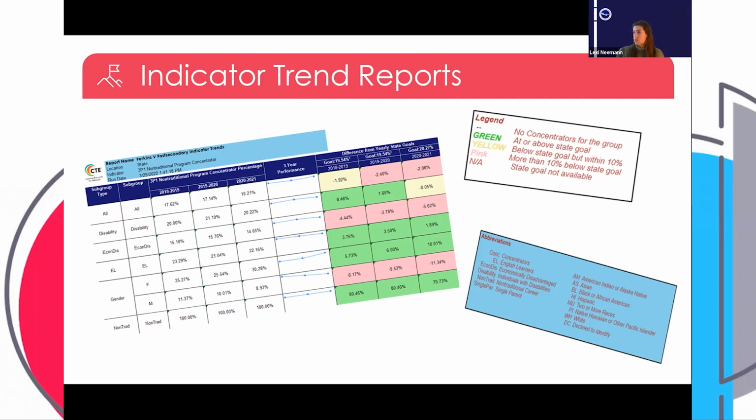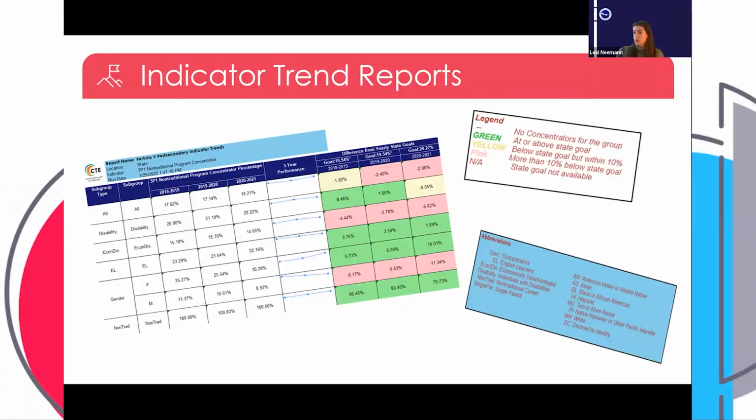Pink means it did not meet the 10% within the state goal. Yellow means it was below the state goal but still within the 10%. Those who write improvement plans for Perkins wouldn't necessarily need to write one for yellow, but it's something to note and pay attention to in the trend line next year. Green means they were at or above the state goal.